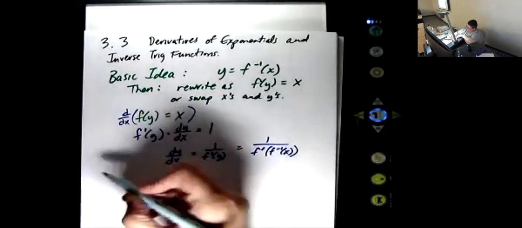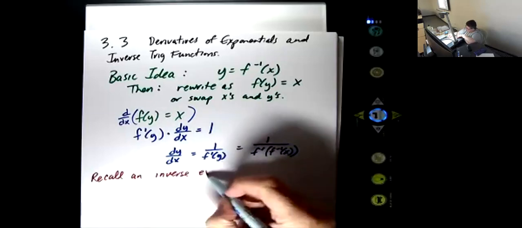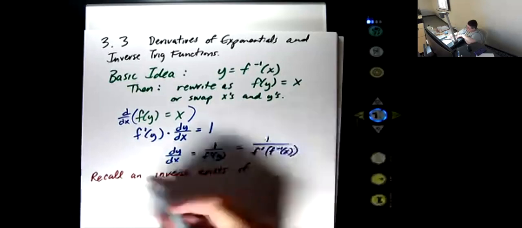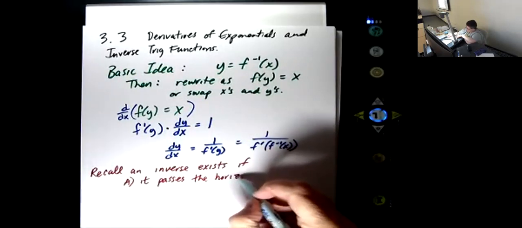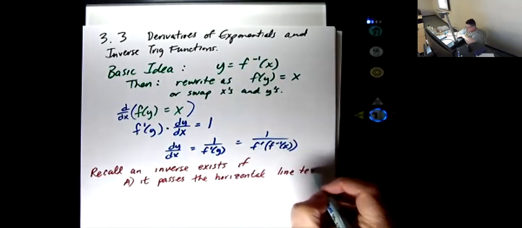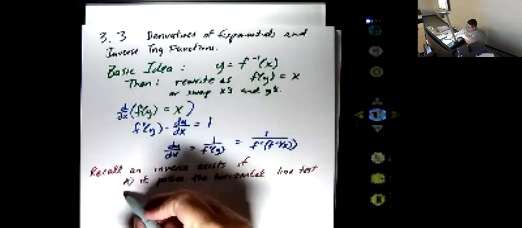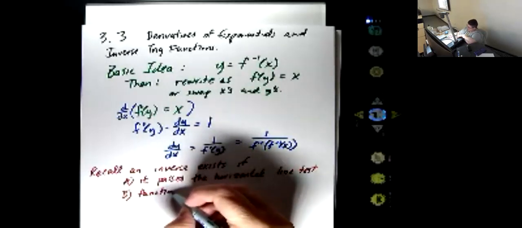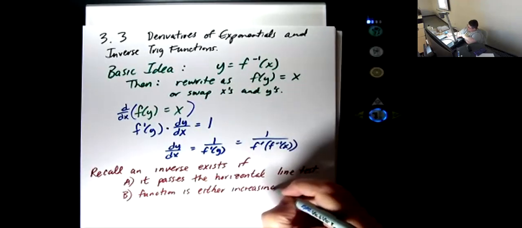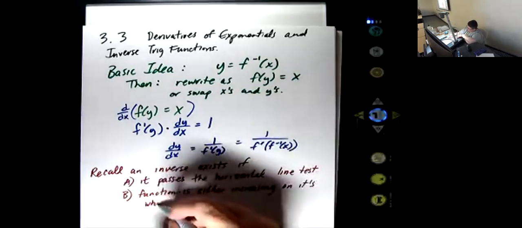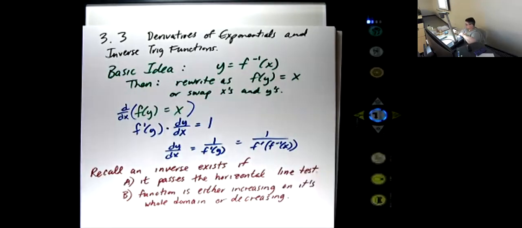And to know if there's going to be an inverse, recall an inverse exists if it passes the horizontal line test, or if the function is either increasing on its whole domain or decreasing on the whole domain.